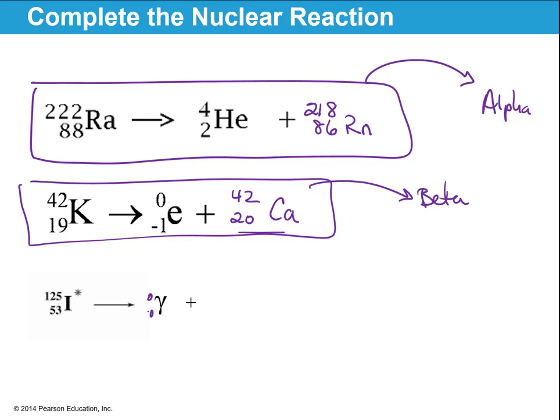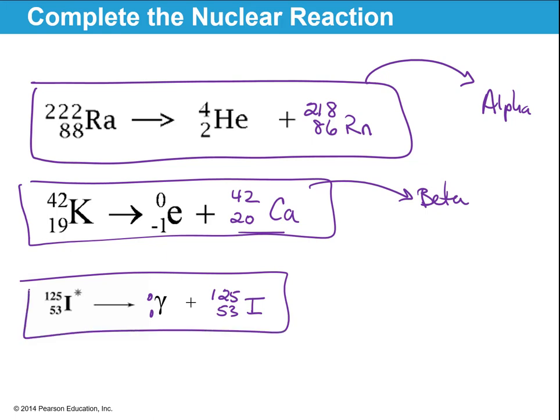So there's iodine 125. What would the product be? 125, 53, and I. Exactly the same. But if I showed you this reaction, because I won't ask you to finish the reaction, you should be able to tell me this is gamma. Okay? Alpha, beta, and gamma.